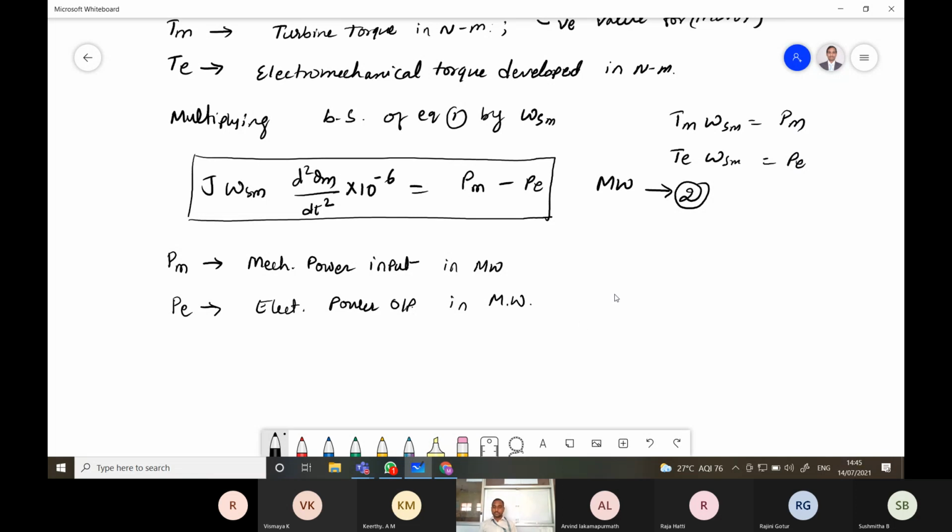Considering that stator copper losses are assumed negligible, in this particular swing equation we assume the losses are constant or negligible.